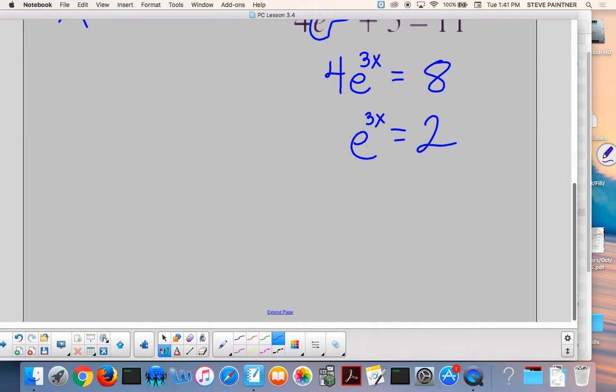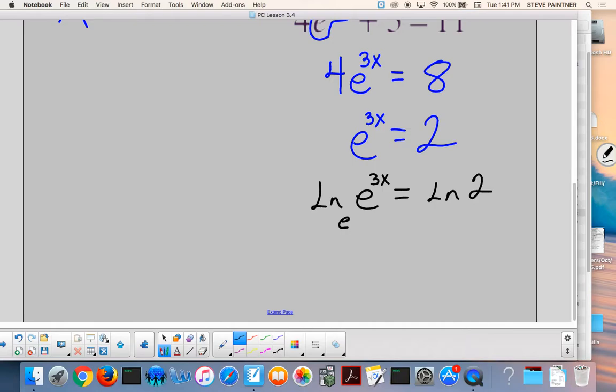Once you get your base all by itself, now do what to both sides? Yeah, I was going to say, take the log of both sides, but Hunter beat me to it, and it's take the natural log. Because why? Why would you take the natural log? Because you've got base e right there, right? So you go natural log of 2.